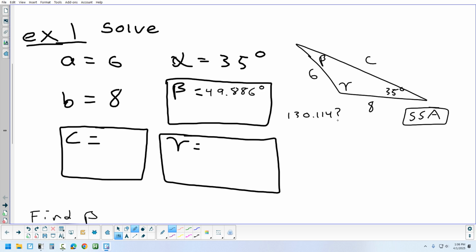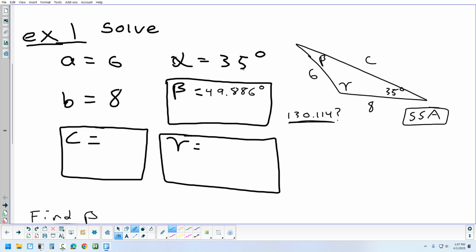Okay. How do we figure out if that answer is going to work? If you can add it to the other angle and it fits in the triangle. Yep, what's the other angle we have to add it to? 35. If you add up 130 and 35, how much do you get? 165.